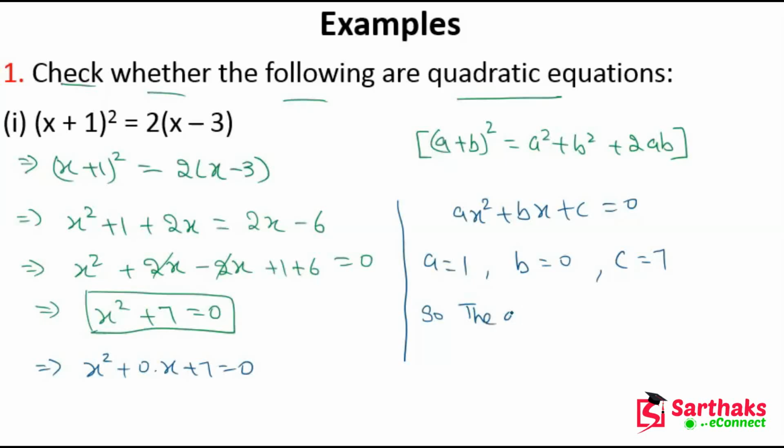The above equation is in the form of ax square plus bx plus c is equal to 0, so we can say that the above equation is a quadratic equation. So now let's move on.